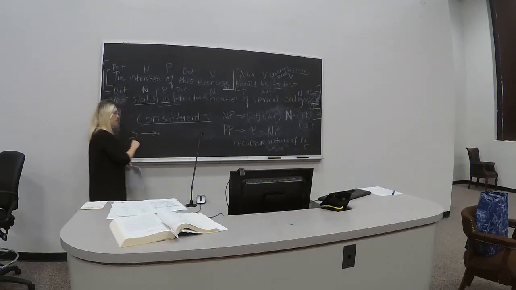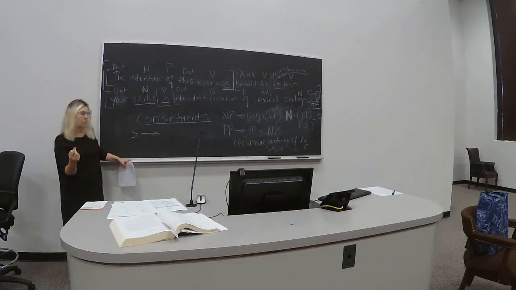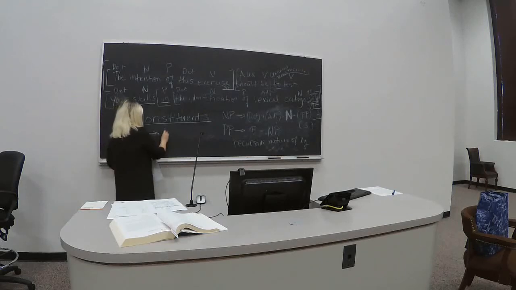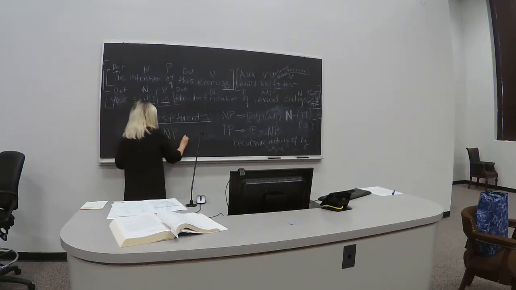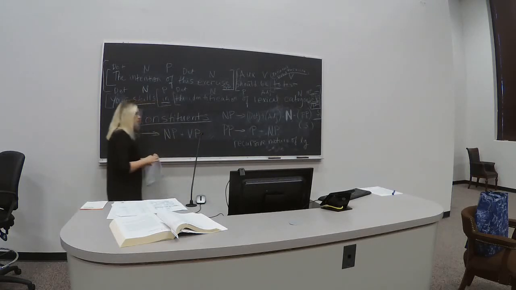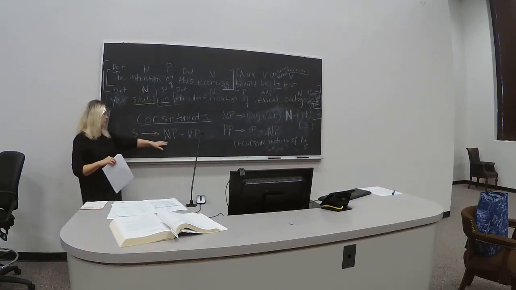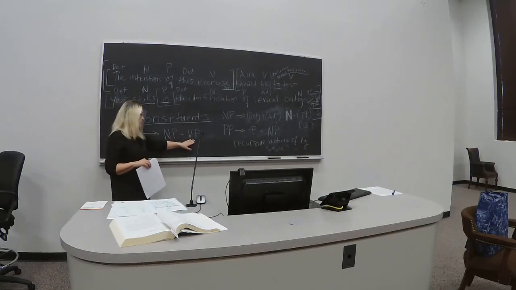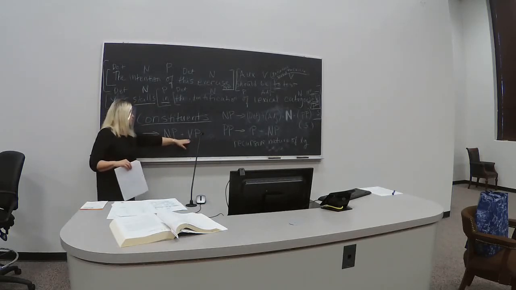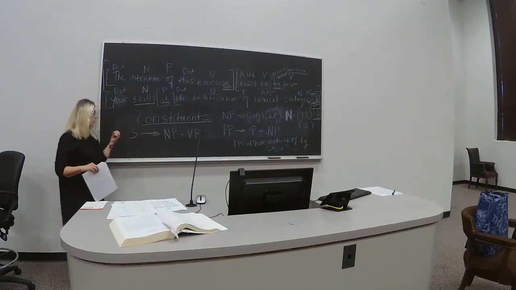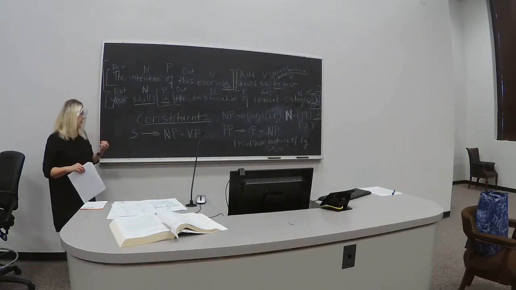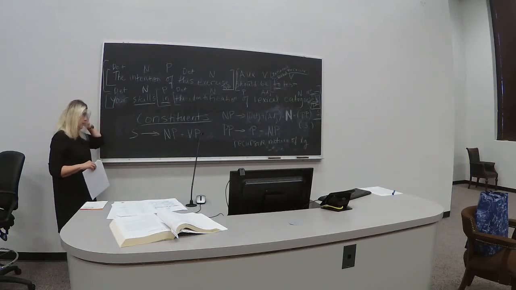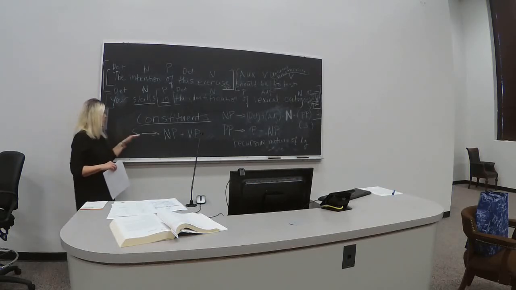The S, the sentence or clause, consists of two parts always, a noun phrase and a verb phrase, which traditionally you probably have been referring to as the subject and the predicate of the sentence. And these are the structural forms of the subject and predicate. Subject and predicate are the functions of the noun phrase and the verb phrase.